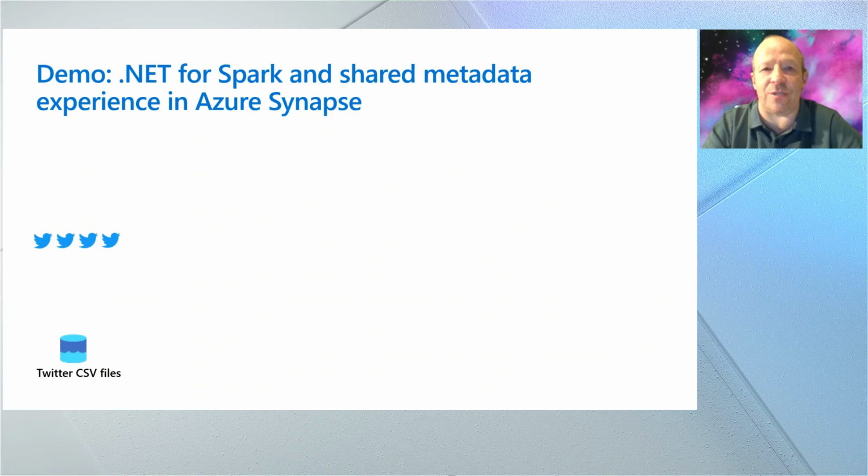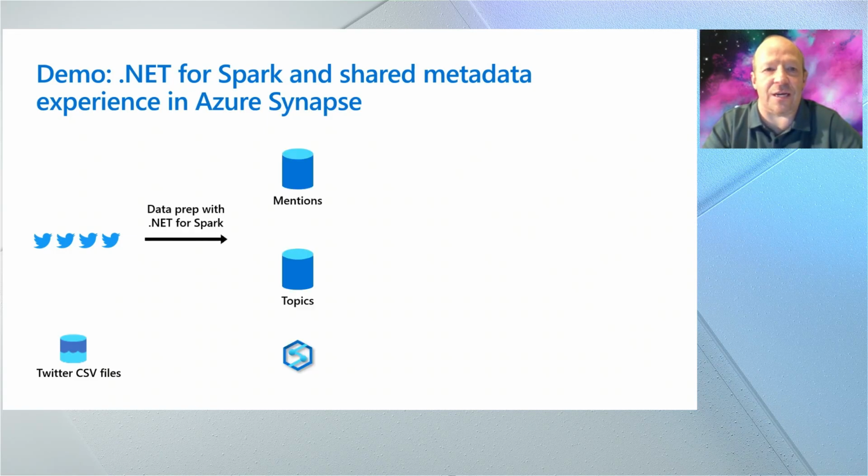And we will be using the .NET support in Azure to do some data preparation, where we take those CSV files and transform them into two tables. One table that contains who is mentioning whom, and the other table is containing, for each tweet account, so to speak, what topics that person was tweeting about.